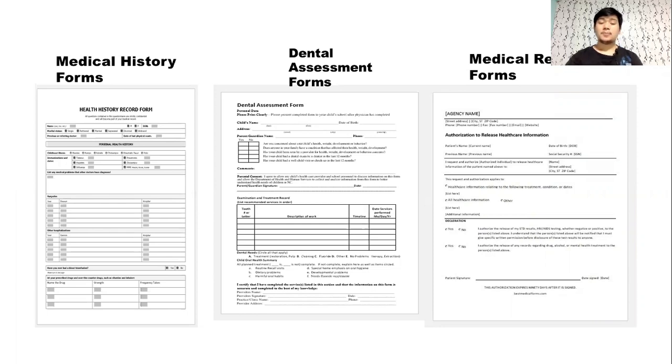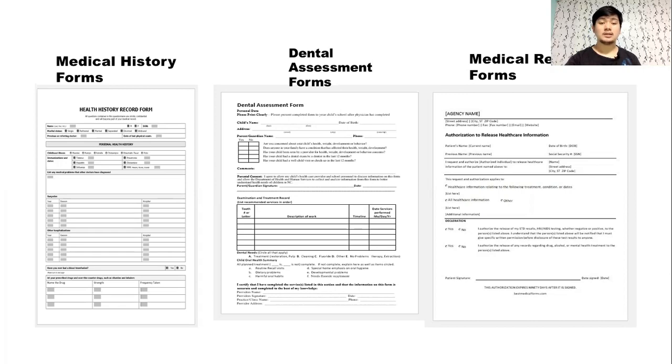So what is a medical history form? It may include information about illness, allergies, surgeries, immunizations, and results of the physical exam and tests. It also includes information about medicine taken and health habits such as diet and exercise.